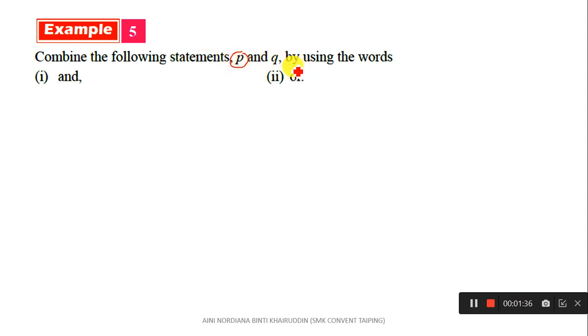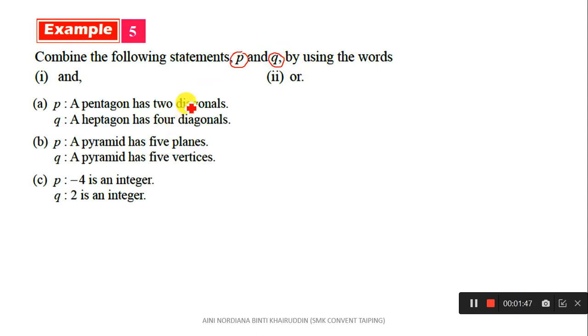Now when we have two statements, we use another symbol for the second statement, which we denote as Q. So this is the first statement, P, and the second statement, Q. The first statement: a pentagon has two diagonals. The second statement: a heptagon has four diagonals. Now we want to combine these two by using the word "and" and the word "or".